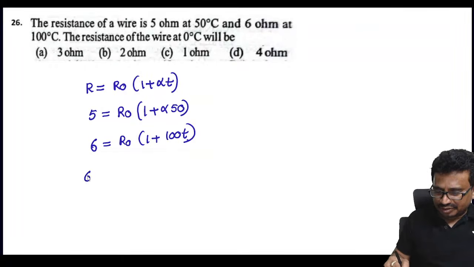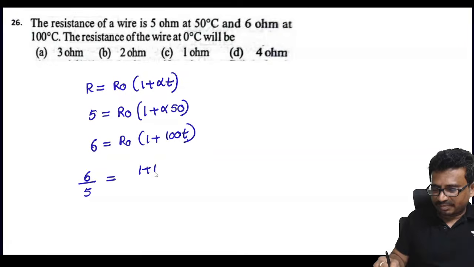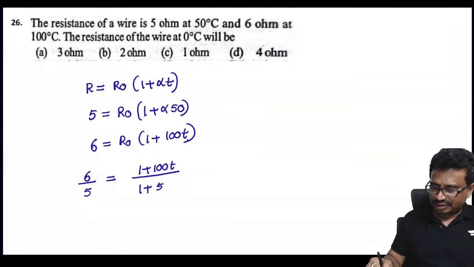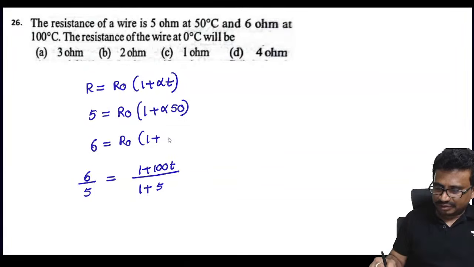If I take the ratio, 6 by 5 equals 1 plus 100 alpha by 1 plus 50 alpha.